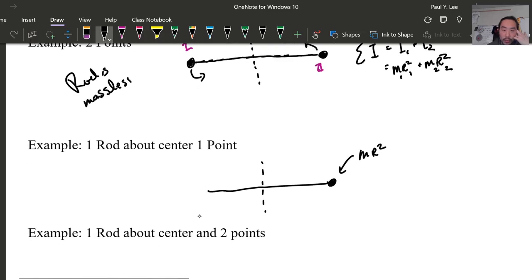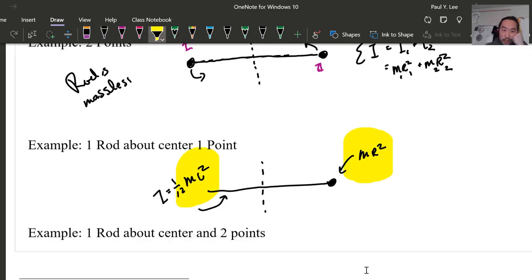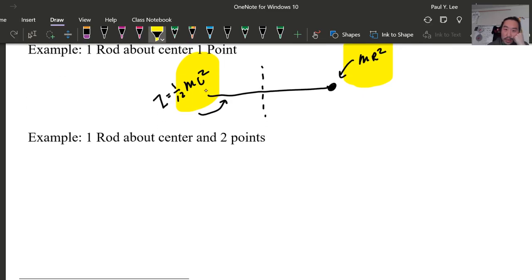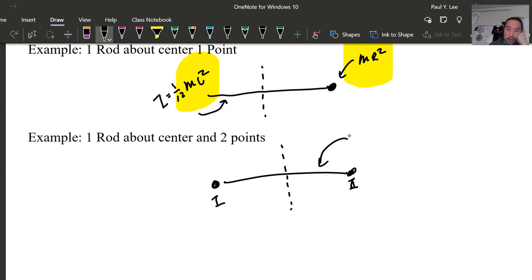So the summation would just be a combination of these two. The same idea applies to this one here, except now we're putting two particles on either end and rotating it about the center. It'll be a summation of particle 1, particle 2, and of course the rod would be the last rotational inertia.